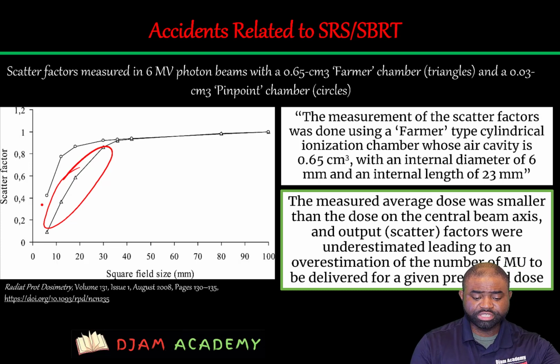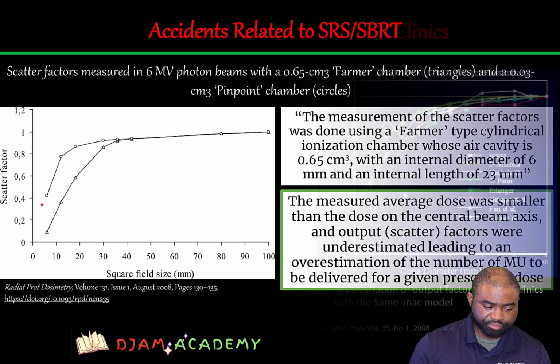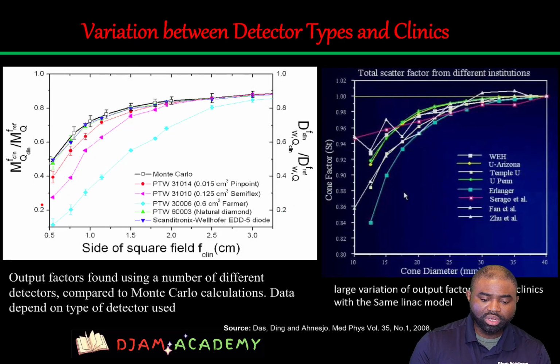The underestimation of the output factors implies that in order to compensate for this, the Linac will overestimate the number of monitor units that are going to be delivered, and so this will lead to the over irradiation of patients.